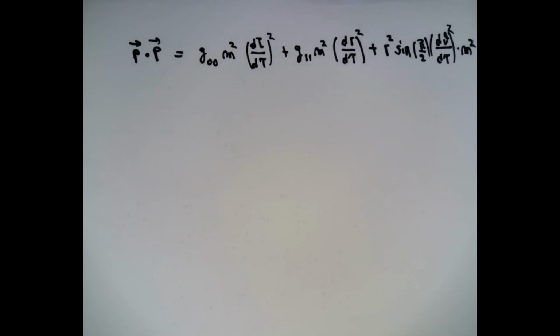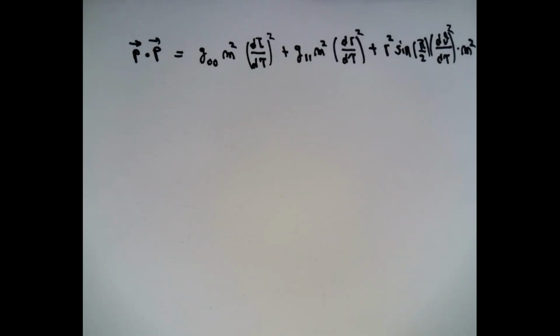I'm going to form the dot product of the 4-momentum with itself. This is a dot product of two 4-vectors. I'm going to just write it out using the components of the 4-momentum and the metric tensor.